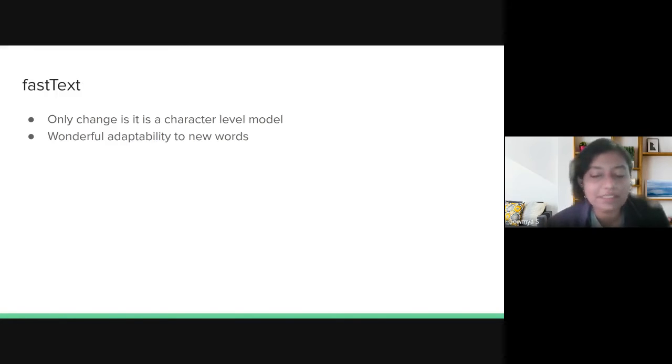So the vocabulary is a bit limited and it trains fast, which is why it's fastText, and it's able to adapt to new words that are not there in the vocabulary. Word2Vec cannot adapt to new words. You have to have the particular word to get a representation.